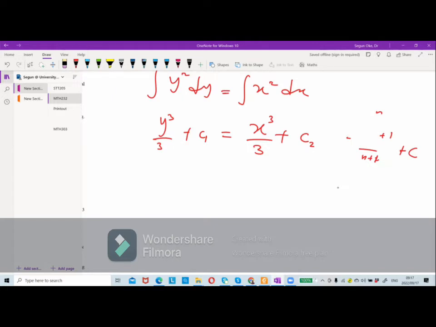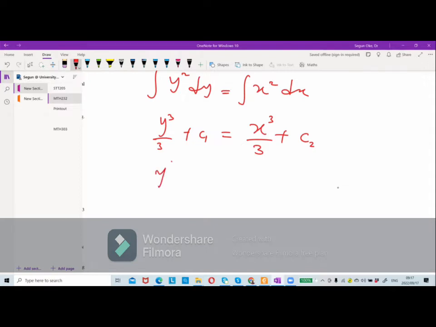So C1, C2 that I put, because I know they are all constants, I will still make them a single one. I can combine all my constants to be one.